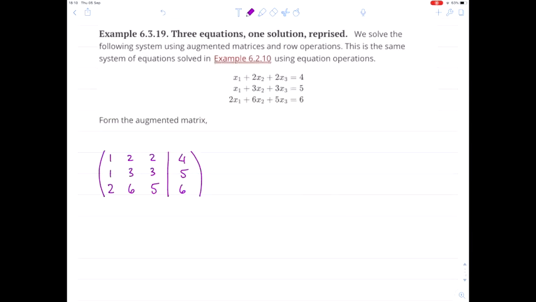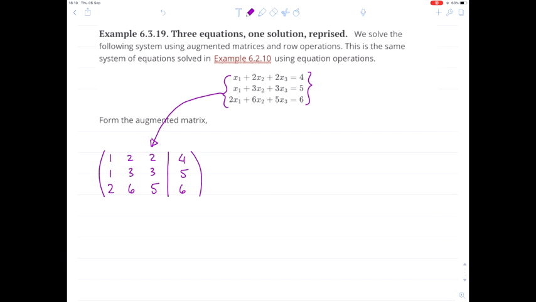So let's use our row operations to solve the system of equations we have already seen and solved using equation operations. So I've gone ahead and I've found the augmented matrix for this system of linear equations, and now we're going to see if we can transform it into something that makes it easy to read off the solutions.